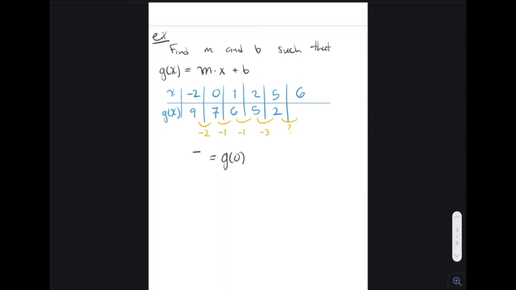According to our table, g of 0 equals 7, so we can write that down. According to the formula, m times 0 plus b is g of 0, so g of 0 is just b. So b is going to equal 7.